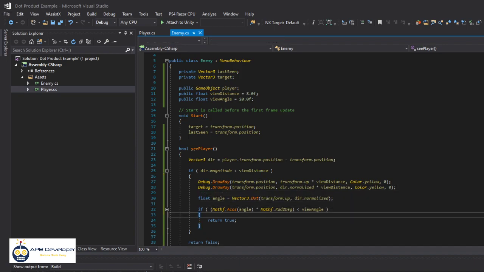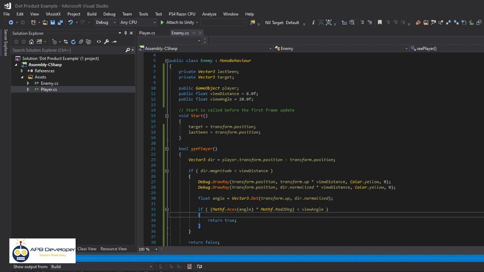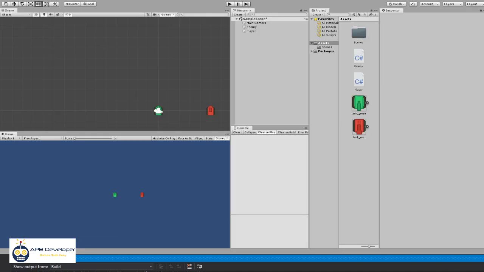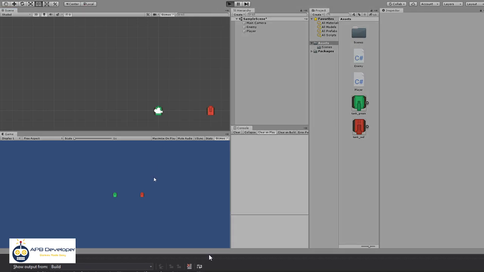So if we now flick back, just check files. So flip back to Unity. Now it's checking the view angle. So what you're seeing at these points, the green are his viewing cone, the yellow is his forward motion. Once we get within the viewing distance, additional yellow lines pop in.